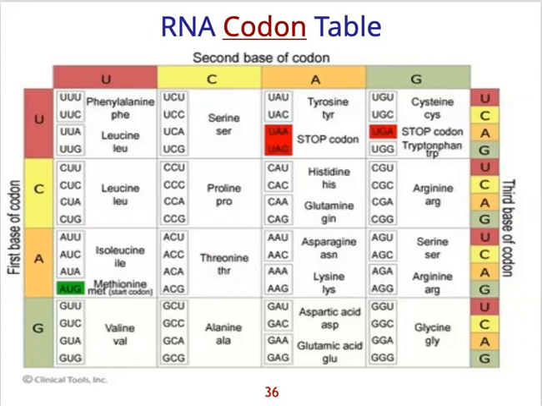I also said you should know how to identify the first amino acid on the mRNA. You're going to see a string of letters, basically alternating between these 4 letters, A, C, G, and U. And when you come across the sequence A, U, G, you know that's going to be the starting point.